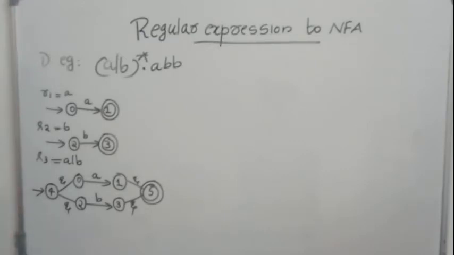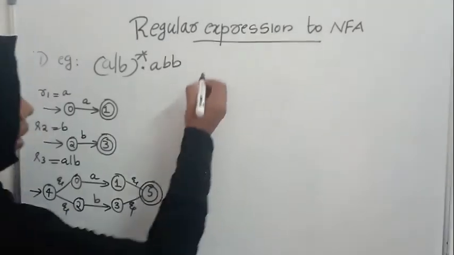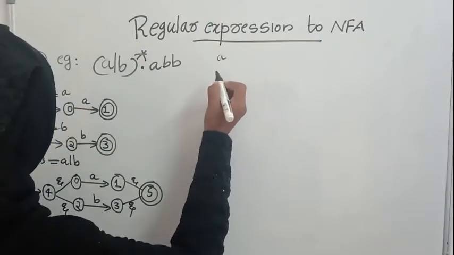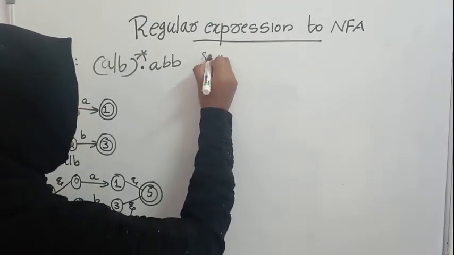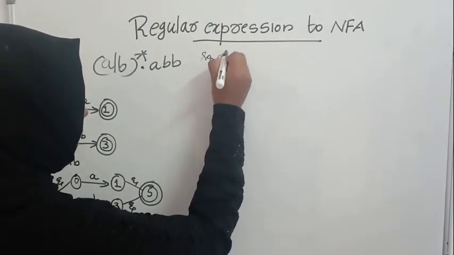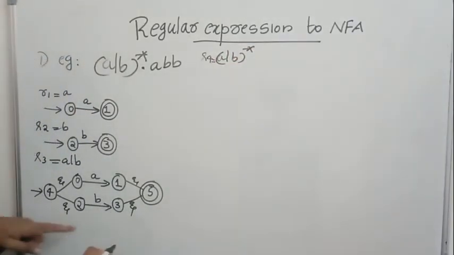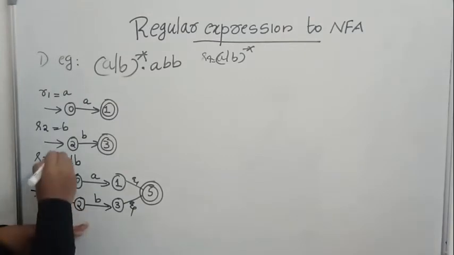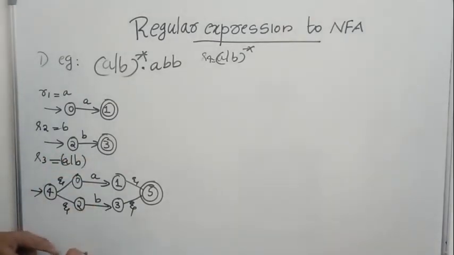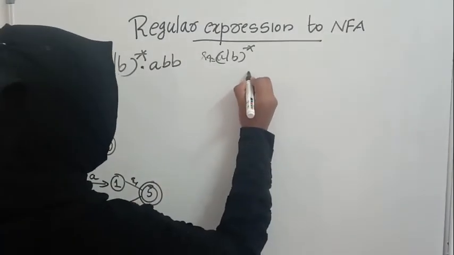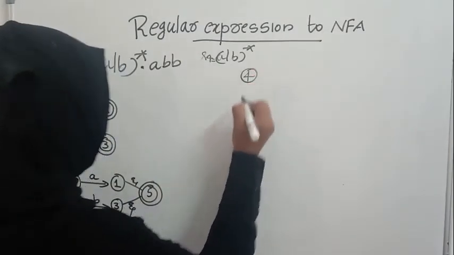Next thing that we want to draw is (A or B) the whole star. We will give it the name R4. R4 is equal to (A or B) star. We have NFA for A or B already, which is R3. Now we have to draw for (A or B) the whole star. So we can simply copy this first and add the new start state and end state.